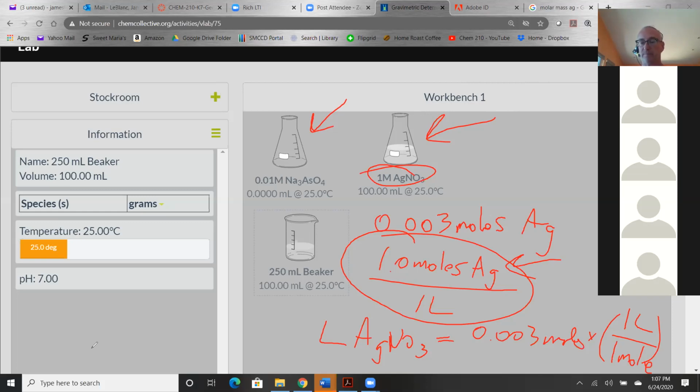But we need to get rid of moles, and we're left with liters. So how many liters is that? 0.003 liters. That's right. How many milliliters is that?